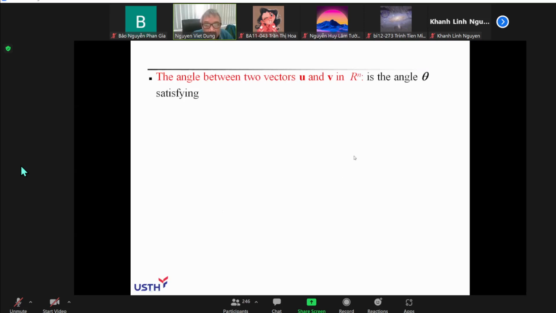The angle theta between two vectors U and V is defined by cosine of theta equals the dot product U, V divided by the length of U times the length of V. And here, I suppose that theta must be a value between 0 and pi.